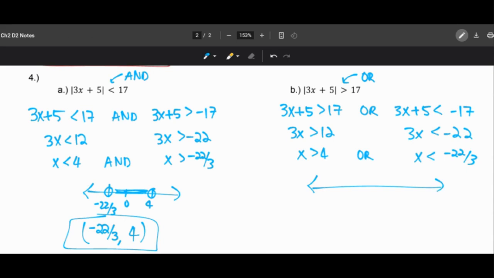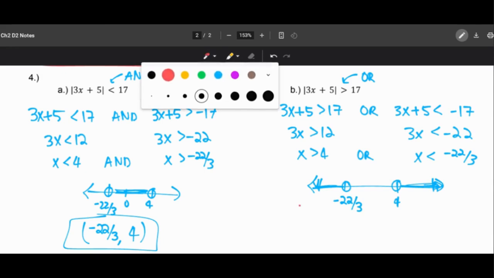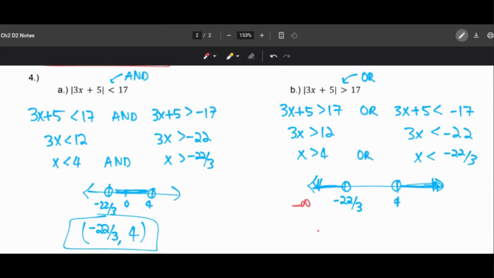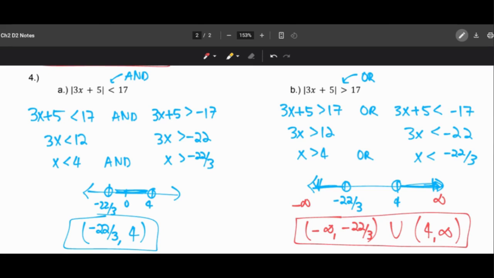So my shading for the negative 22 over 3 is to the left, and for the 4, I would be shading to the right, which means as an interval notation, we want to go from negative infinity to negative 22 thirds with parentheses, and we use the U symbol for or. We go from 4 to infinity over here. So that should be our final solution.